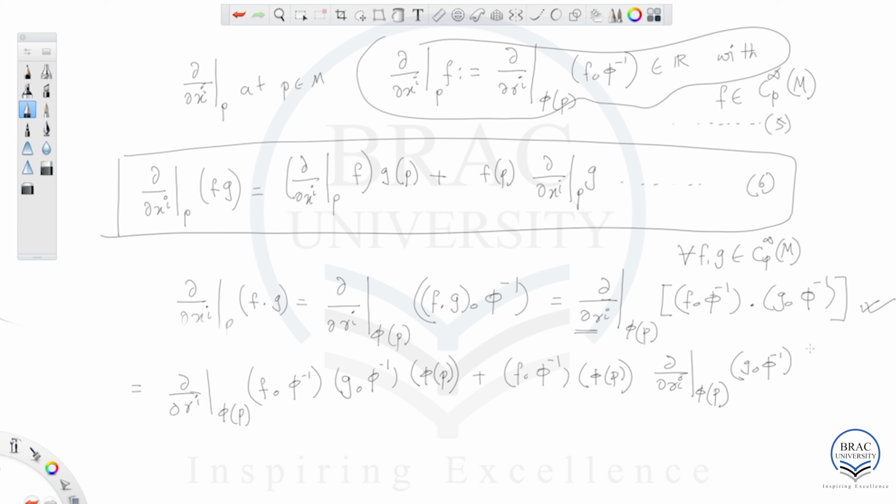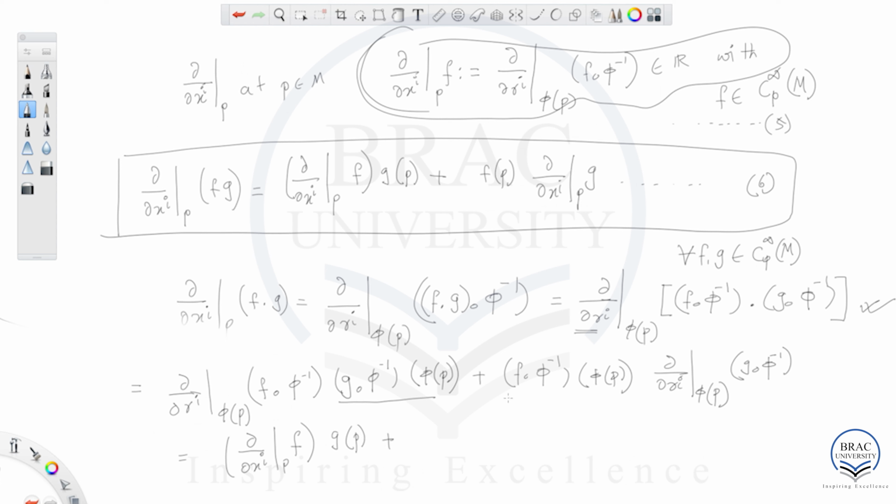Okay, so now going back to the definition of partials here from equation number 5, we see that this is equal to ∂/∂x^i at p acting on f, and this is nothing but g(p), right?